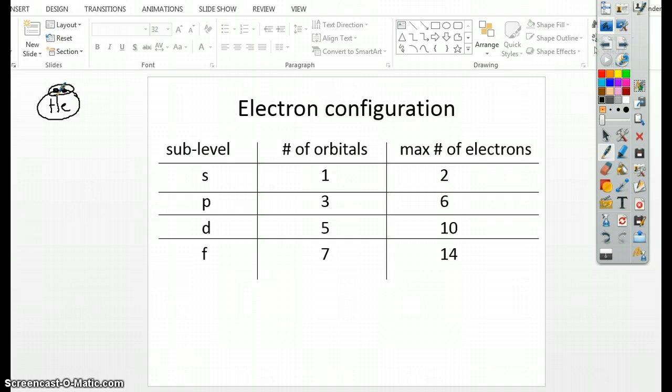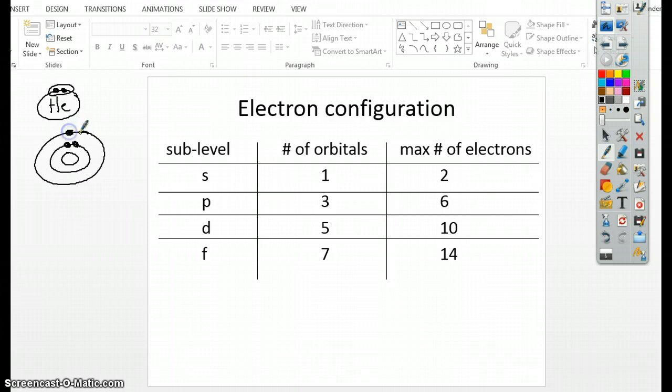Okay, let's go ahead and draw in oxygen. First the S sublevel fills up, energy level 1 with its S sublevel. That is full, then we have to go to energy level 2.